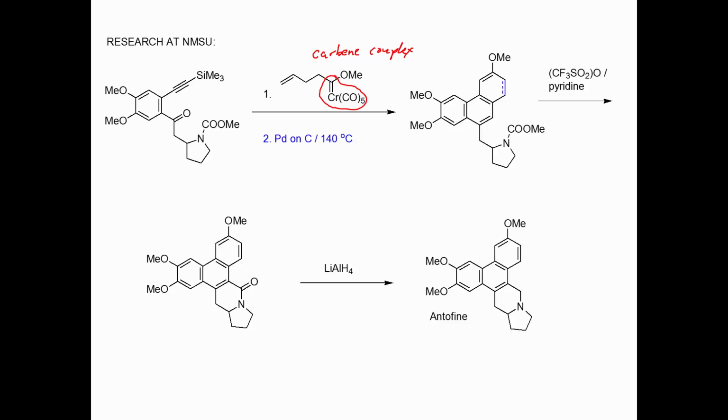And this is a reaction we invented where these 5 carbons here are going to incorporate themselves into the new structure, and we use this as a key step for the synthesis of the experimental anti-cancer drug antiphene. So this actually prepares this compound quite quickly from relatively simple precursor compounds.